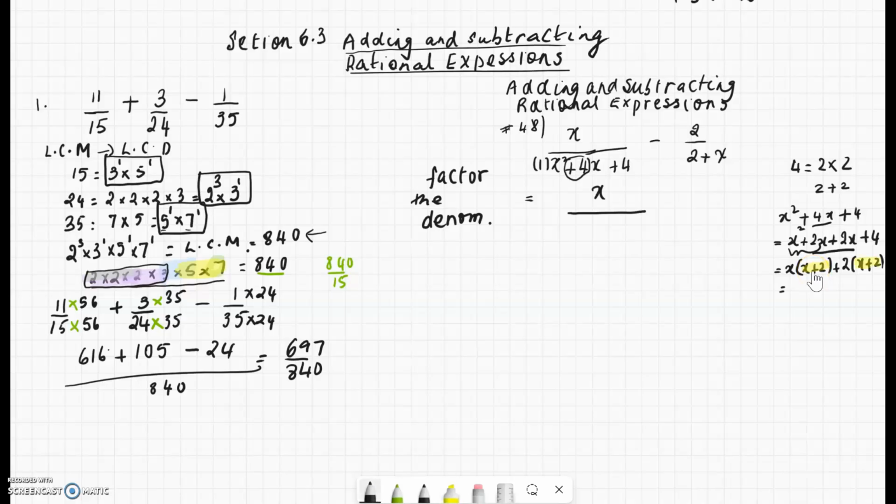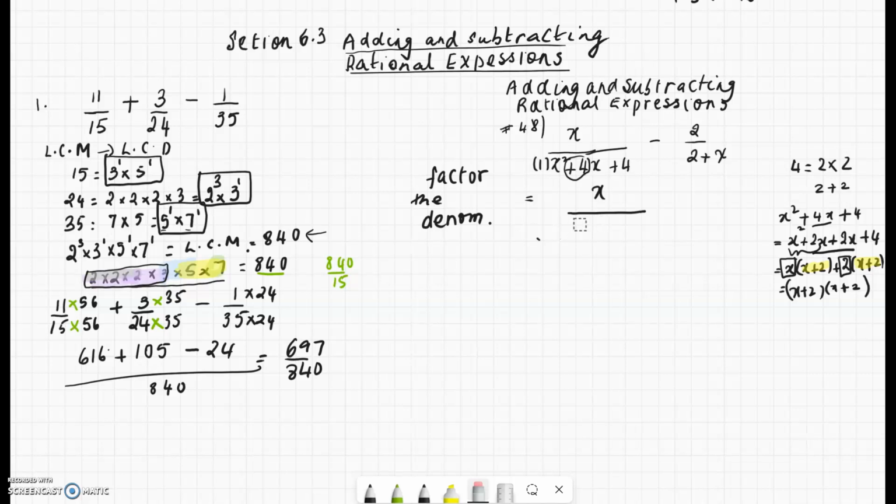Factor the x plus 2 out, and we get the leftover, which is x plus 2. If you recognize the pattern, you would have seen that it's x plus 2 the whole squared. But if you didn't, just factor it by the usual method.